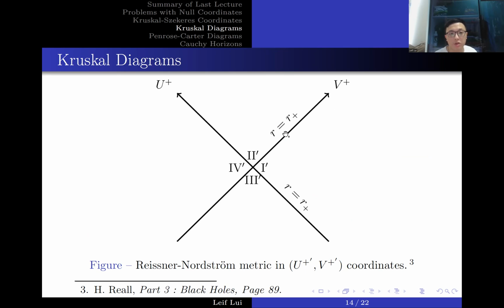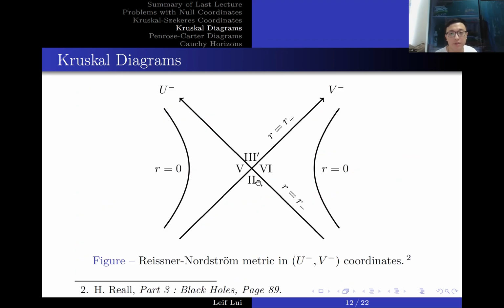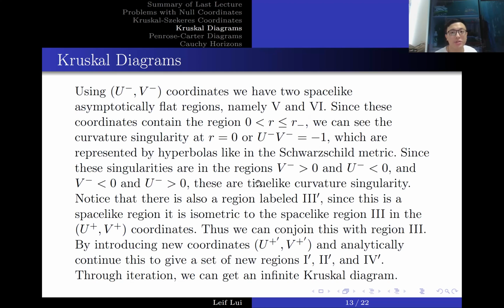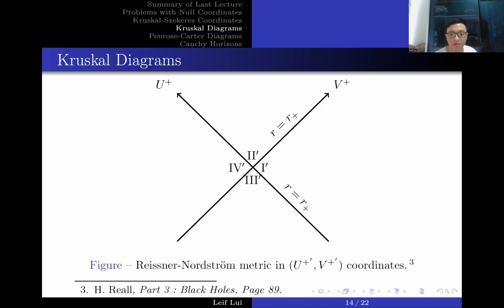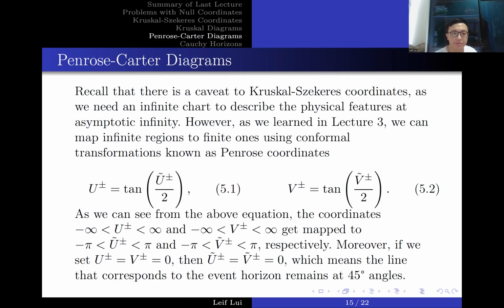So you can see we get a new u plus and v plus coordinate that can be conjoined again to the 3 prime region here. By introducing a new set of Kruskal coordinates, we get a new asymptotically flat region, and through iteration, we get an infinite Kruskal diagram, which is quite interesting.